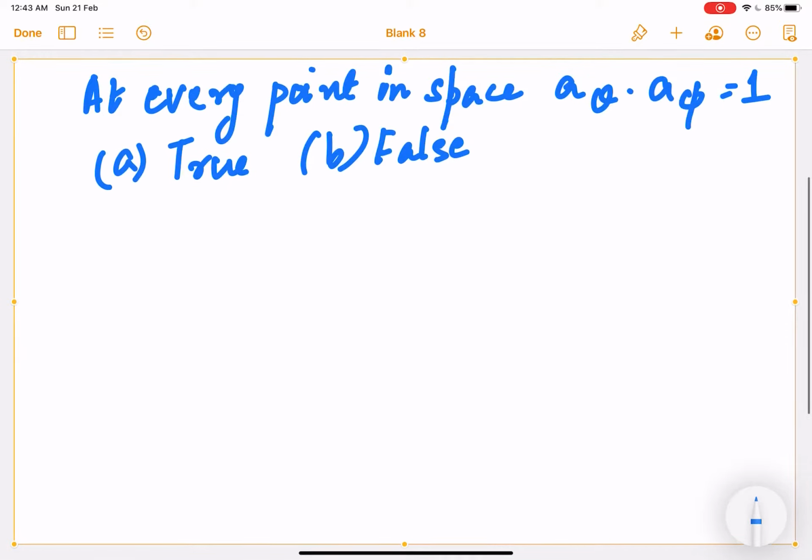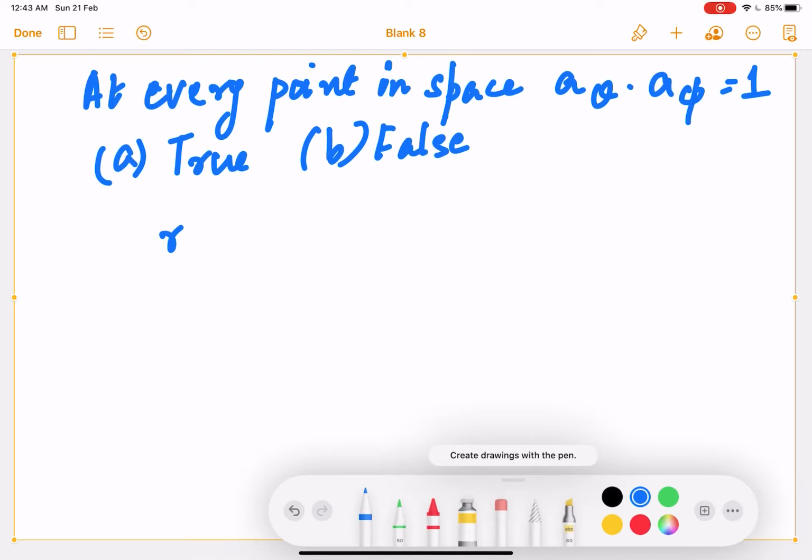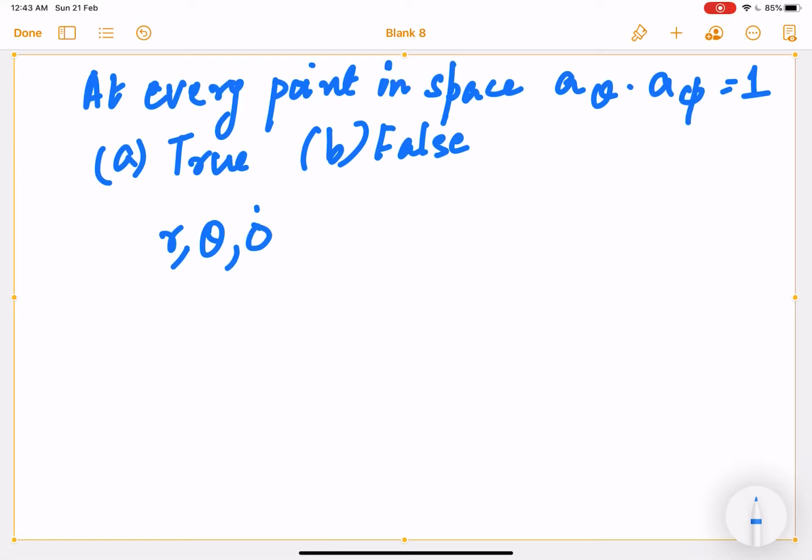Well, if you know the spherical coordinates, that is a r, a theta and a phi, these three are always mutually perpendicular to each other.